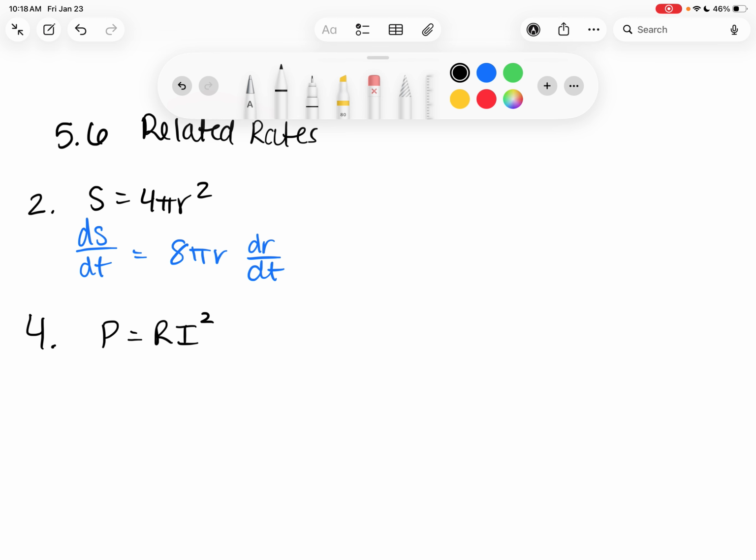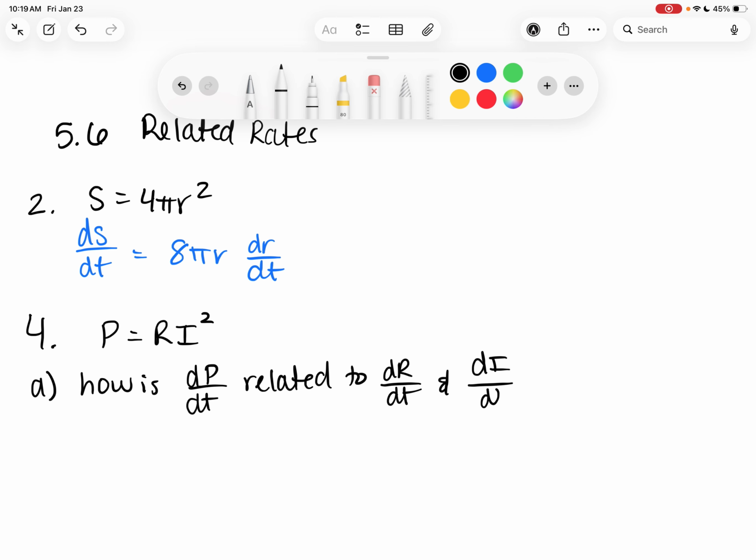First it says, how is dP dt related to dr dt and di dt? And then the second part we'll do in a second says, how is dr dt related to di dt if P is constant? So we'll look at that in just a second.